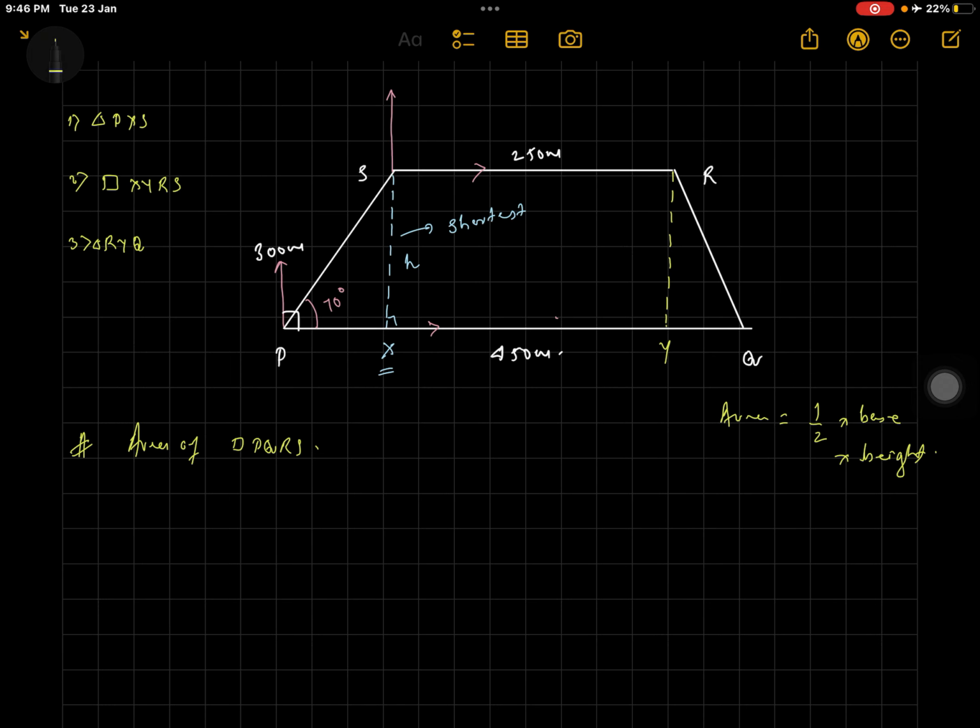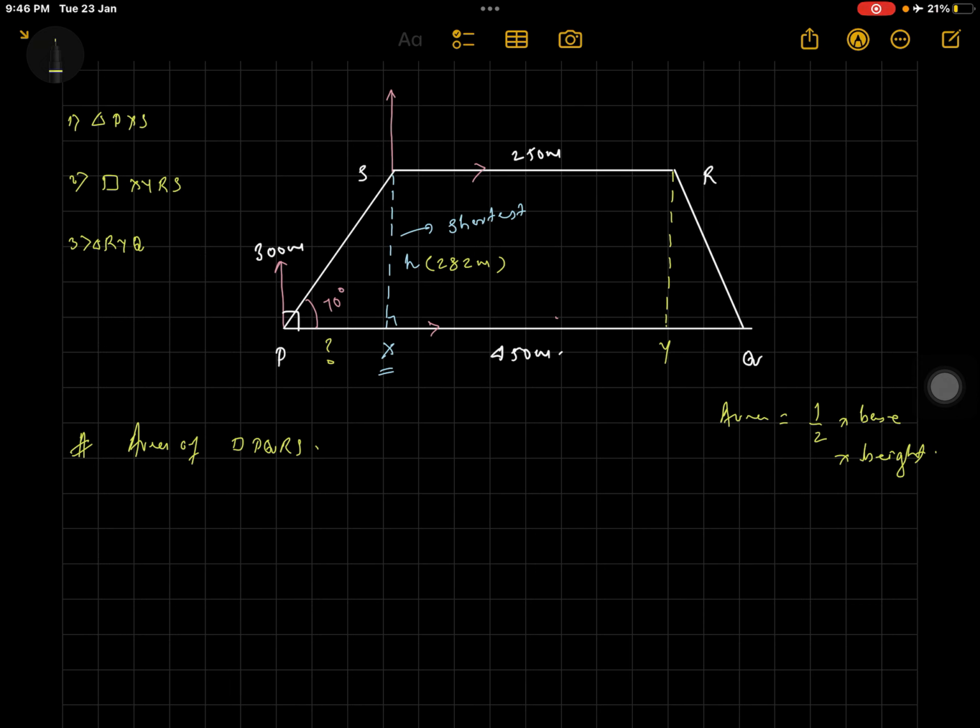We found it to be 282 meters. And you can always go back and check that. Meanwhile, the length PX is what the question is. This is what we'd like to find. That is your base.